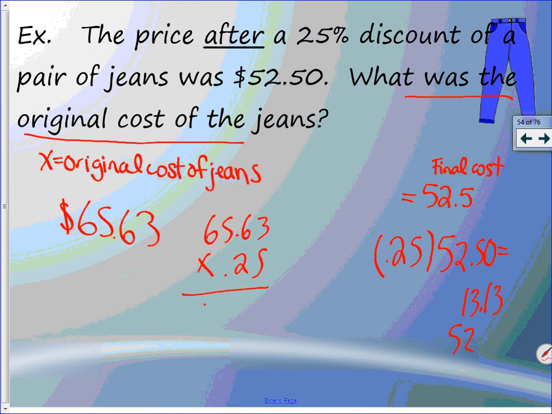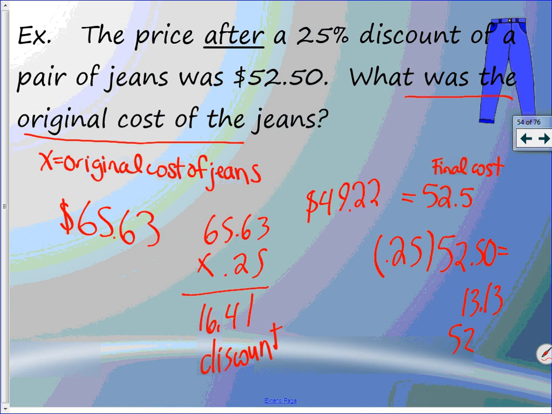So this would be a $16.41 discount, which is reasonable. If I subtract that off 65.63, I get $49.22.